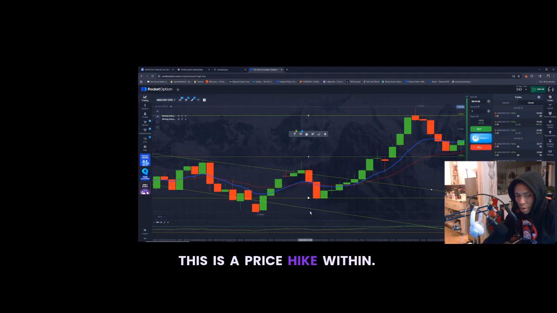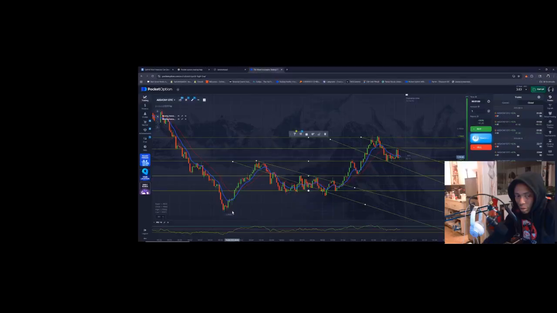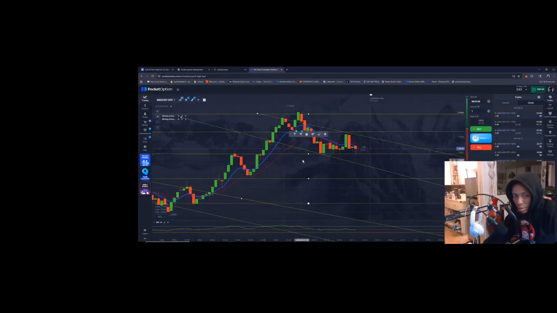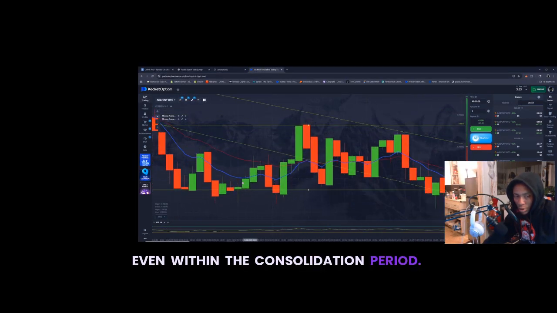This is a price hike within, so there's a pattern within a pattern. Price hike, dip, price hike, dip, price hike, dip, price hike, dip. Even within the consolidation period.